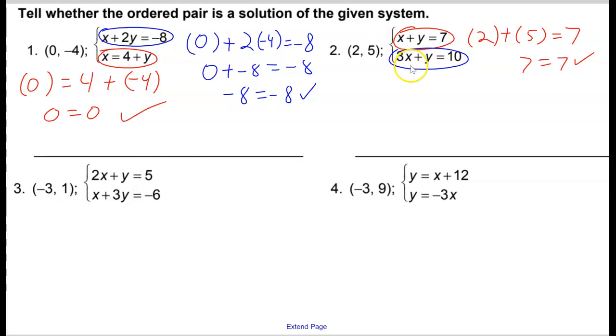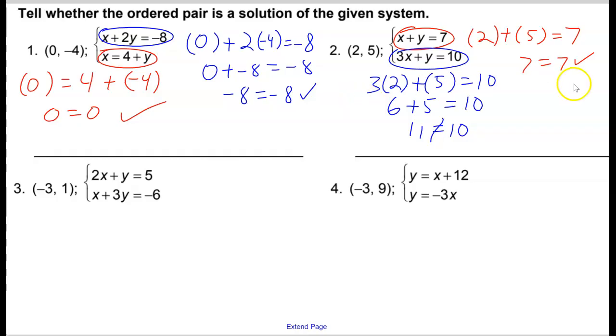We're going to plug in 2 for x and 5 for y. 3 times 2 is 6, plus 5. 6 plus 5 is 11, which does not equal 10. So this one is not a solution.